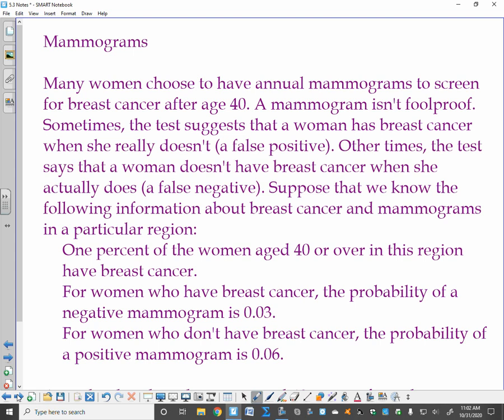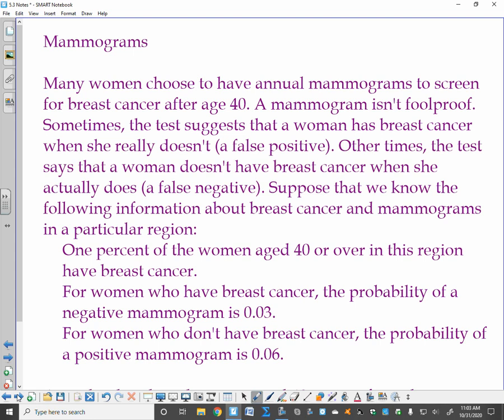Suppose we know the following information about breast cancer and mammograms in a particular region. 1% of the women age 40 or over in this region have breast cancer. For women who have breast cancer, the probability of a negative mammogram is 0.03. For women who don't have breast cancer, the probability of a positive mammogram is 0.06. A randomly selected woman aged 40 or over from this region tests positive for breast cancer in a mammogram. Find the probability that she actually has breast cancer.